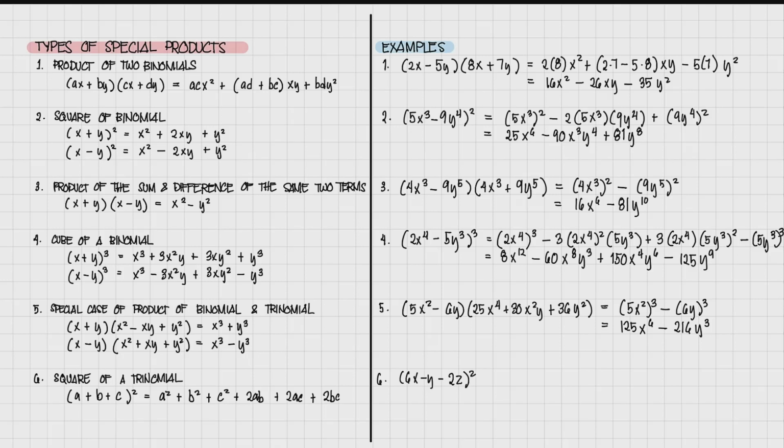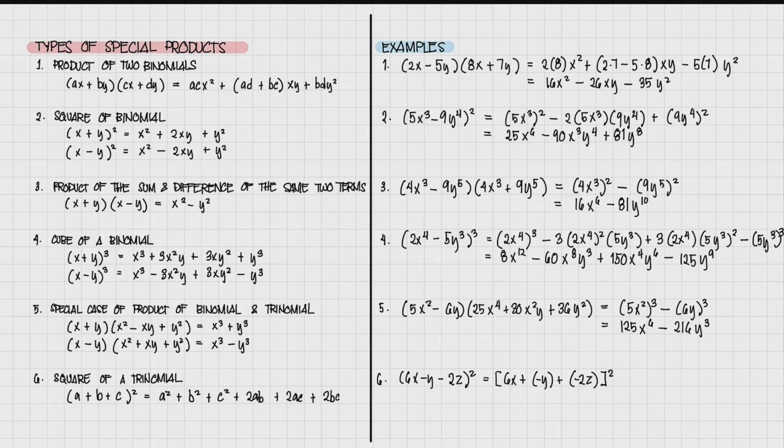So first, we need to show this expression to mirror this one. So we need to make these negative signs positive. Right? So 6x positive. Okay na yan. Plus negative y plus negative 2z, the whole thing squared.